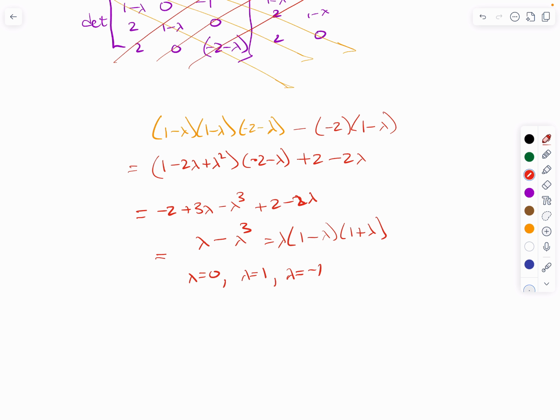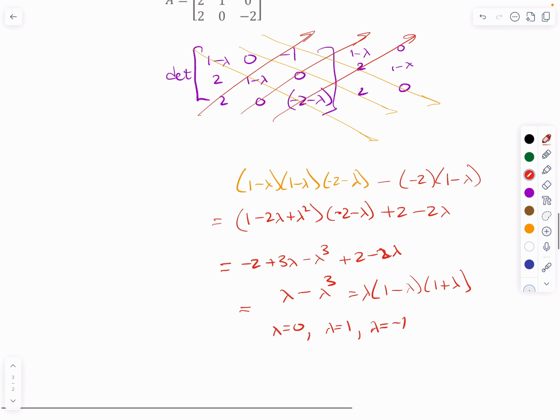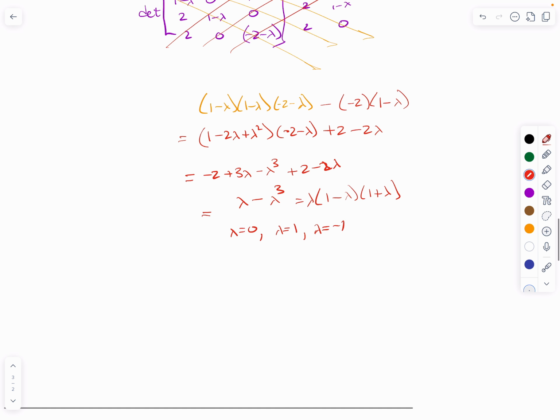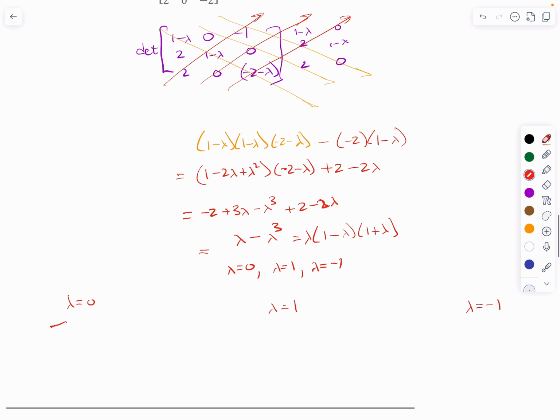So let's start with lambda equals 0. Sure, why not? So here we go. So I'm just going to copy. I know that I can't just copy and paste apparently, but we can do this. 1 minus 0, 0, negative 1, 2, 1 minus 0, 0, 2, 0, negative 2 minus 0.